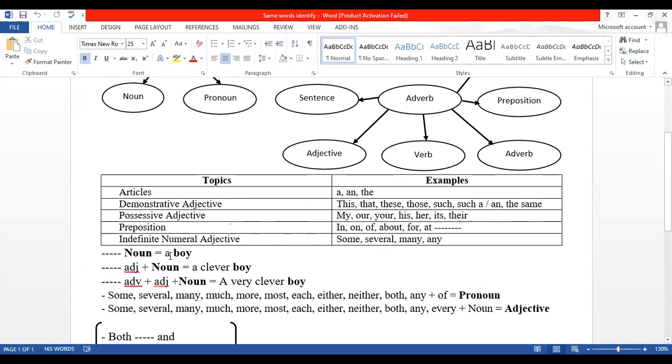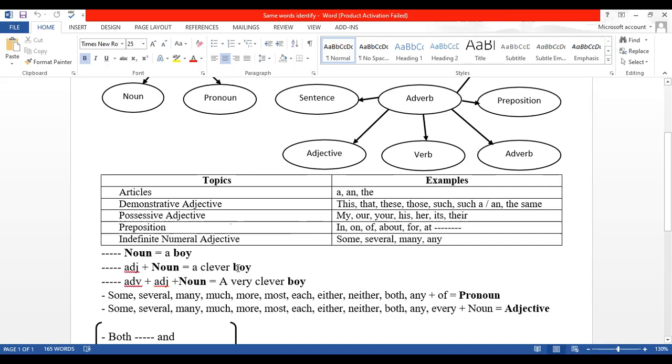That is, suppose you have got a boy, then boy is here a noun. If you get 2 words after these words, for example, I have taken a, but you have to understand all the words mentioned here. If you get 2 words, then the first word will be an adjective and the second a noun.